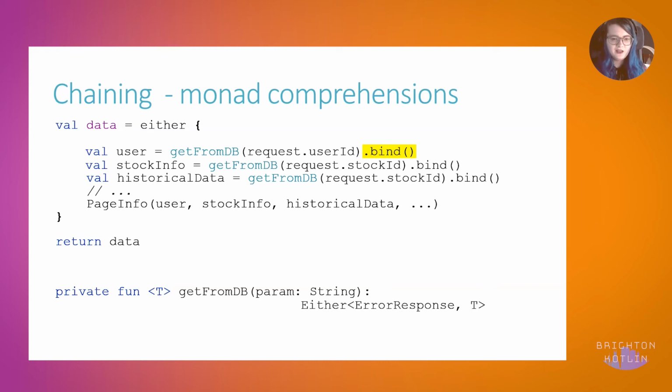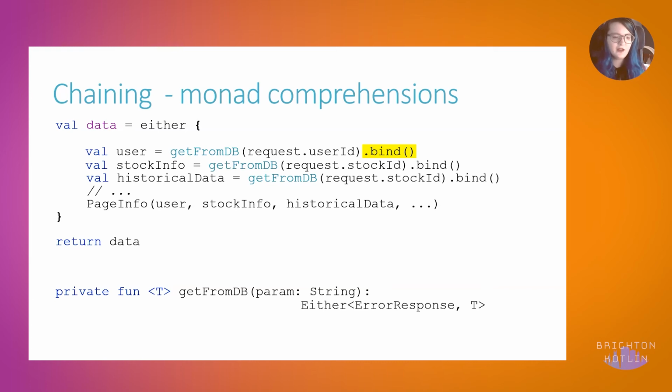So here, every single method that we are calling is returning Either. And as you can see, there is a special function bind, which will return the result that we can use. For example, we can write it to a variable and continue.